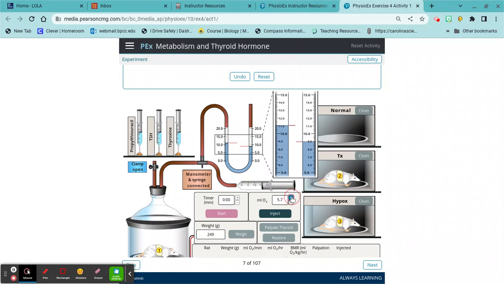So I'm going to go another, let's do 10. Inject. Oh, we missed it by a lot. Oh gosh. Okay, so let's put in 8.2 or 3.